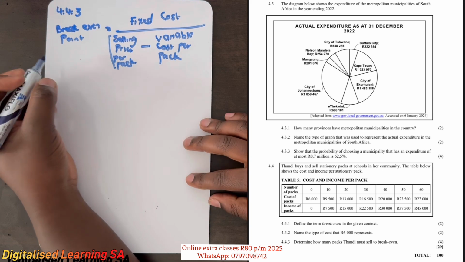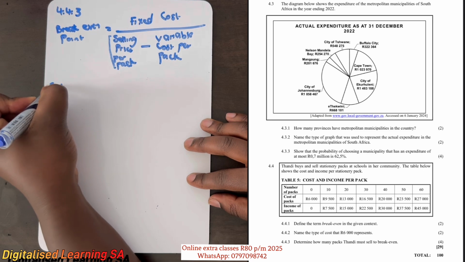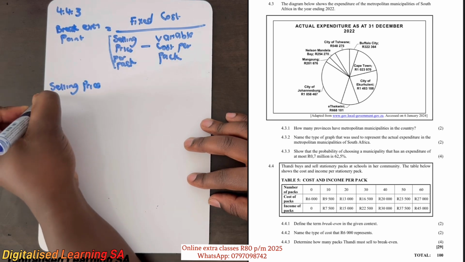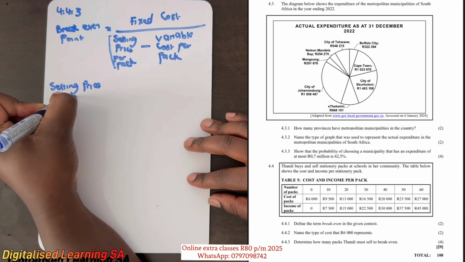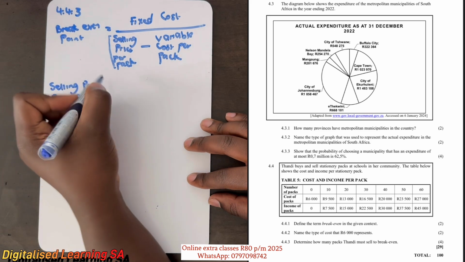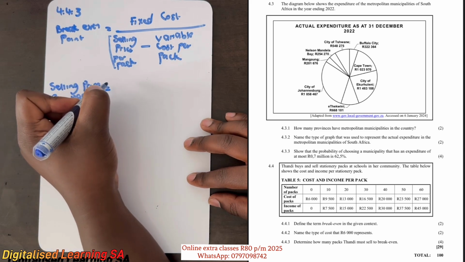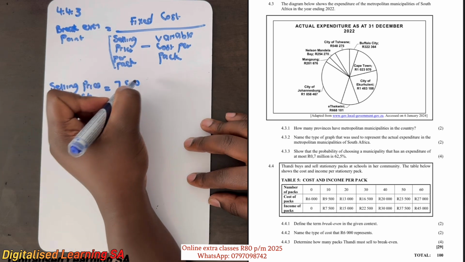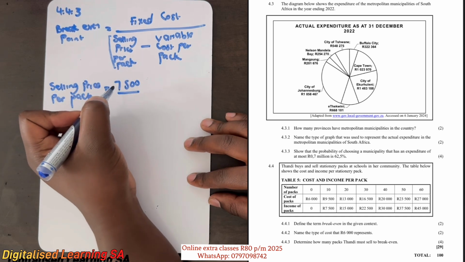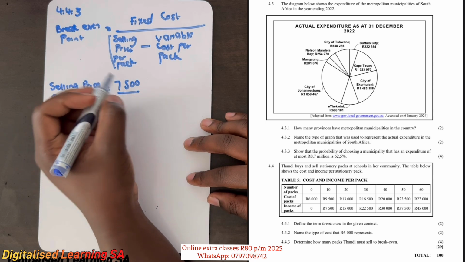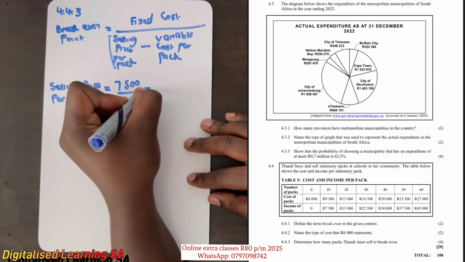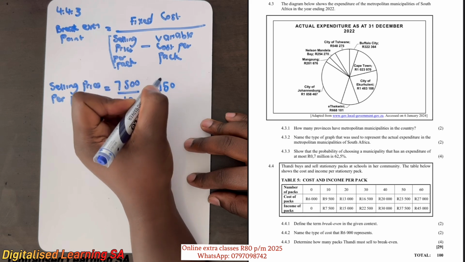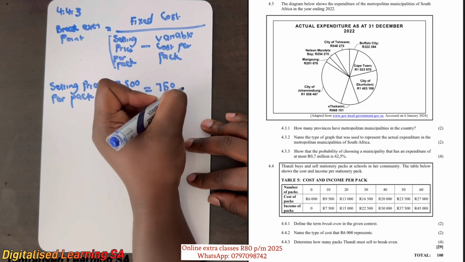So to find the selling price per pack, we will say 7,500, which is the income of packs, divided by how many packs we produced, 10, and our answer will be 750 per pack.